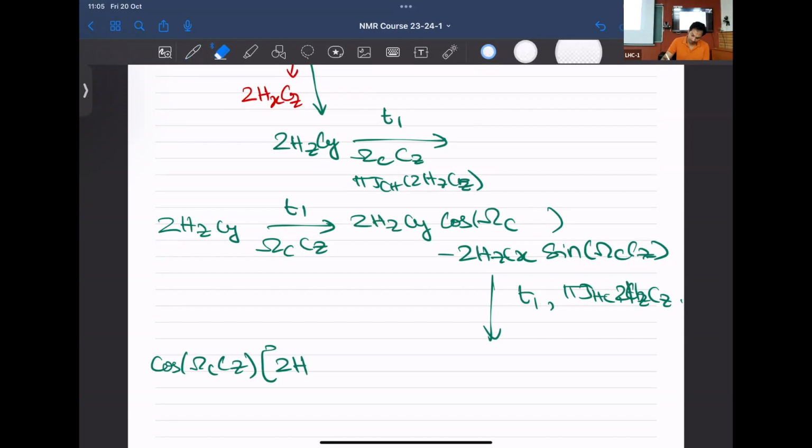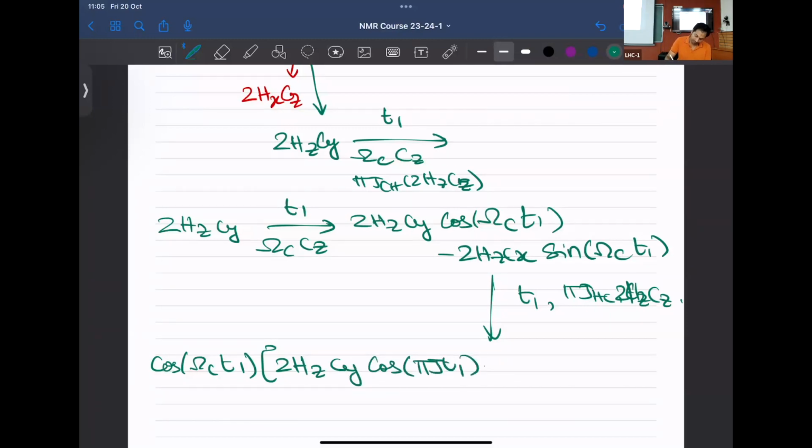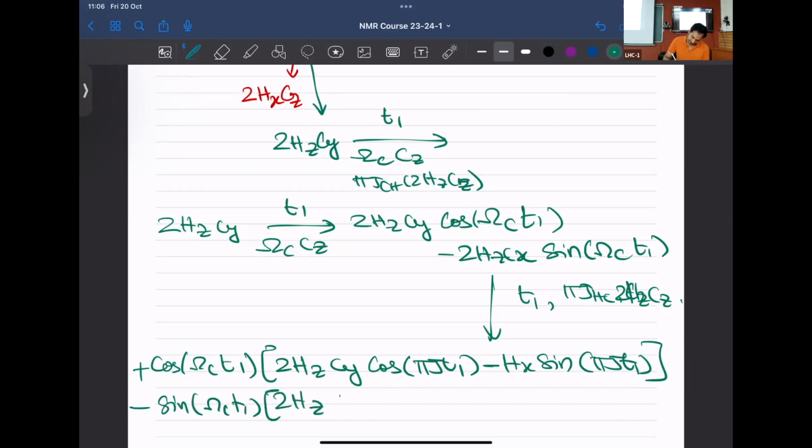I'm sorry, it should be cos omega. Thanks for finding it out. Okay, 2HZCY cos pi J T1 minus HX sin pi J T1, right? Then minus sin omega C T1 times 2HZCX cos pi J T1 plus HY sin pi J T1, right?